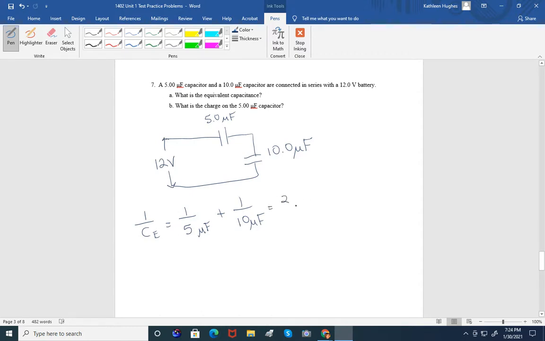That would be 2/10 plus 1/10 is 3/10. But I need the reciprocal of that. When I do the reciprocal, I get that the equivalent capacitance is 3 point, and the 3's repeat, so to 3 sig figs, 3.33 microfarads.